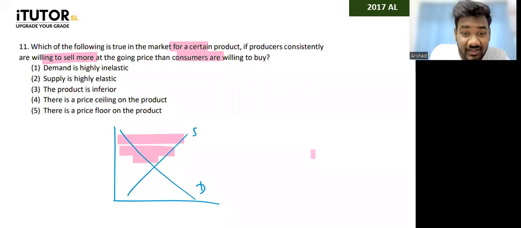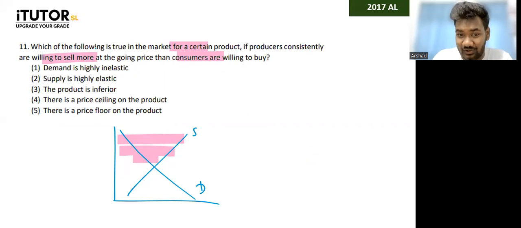Demand is highly elastic, supply is highly elastic, the product is inferior, there is a price ceiling on the product, there is a price floor on the product. What do you think? Why do you think the quantity supplied is more than the quantity demanded? Because of what reason? Easy one. Which one? Maybe there was a price floor for this, right?